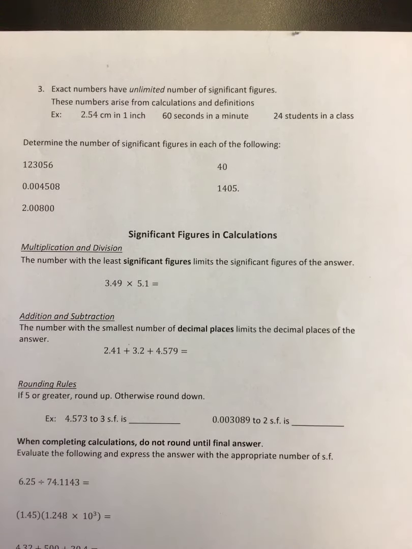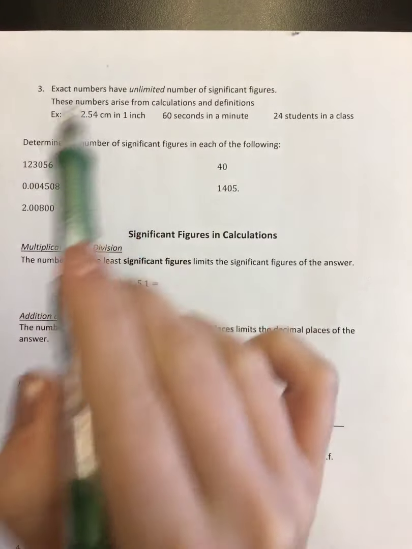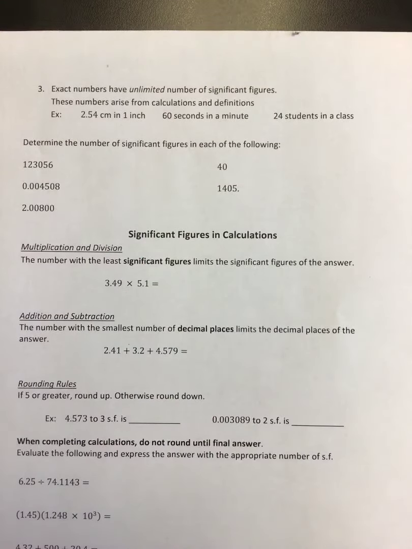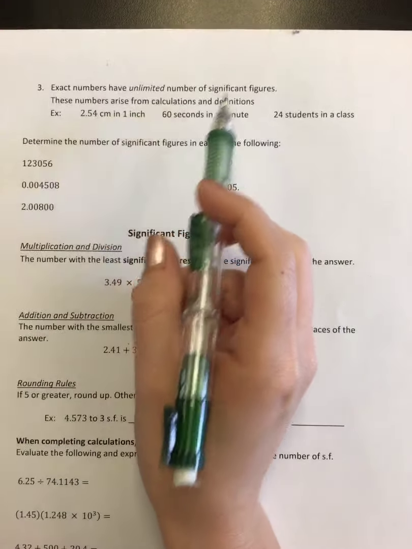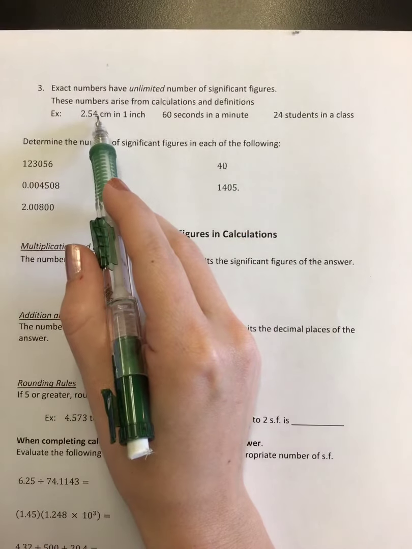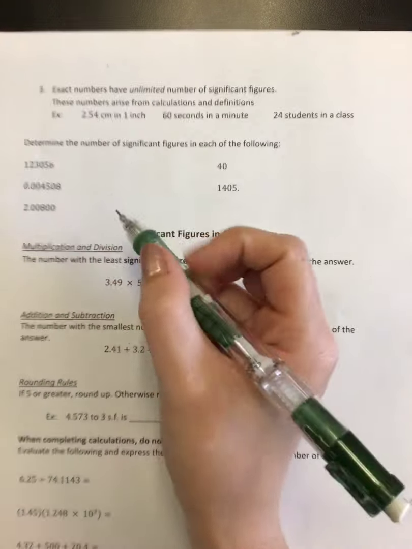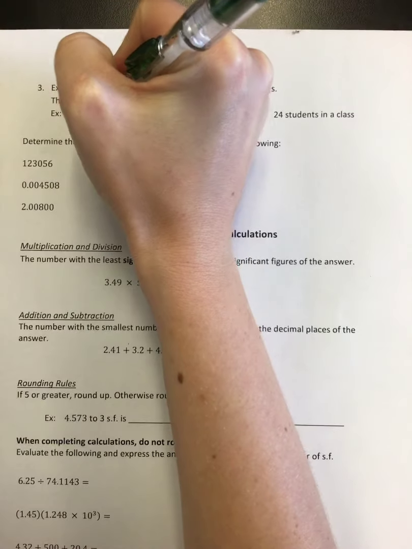absolutely to be true. Okay, for example, we know that there are 2.54 centimeters in 1 inch, exactly. I could go through and add as many zeros as I were to ever want to the end of this 2.54. I could write it as 2.540.